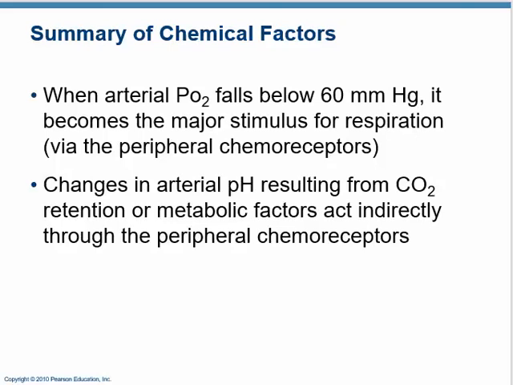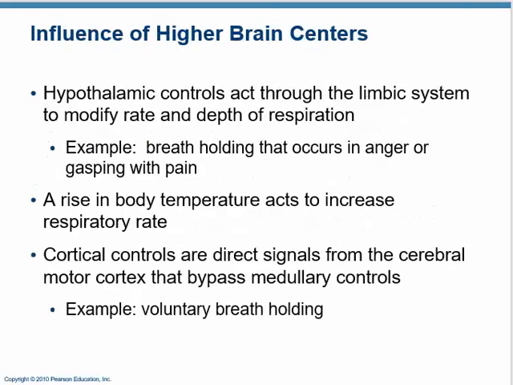Any changes in pH, including metabolic factors like lactic acid, will change that and make you breathe more. You can also override this with higher brain centers. So you can tell yourself in your cerebral cortex to hold the breath, and you will. Those are cortical controls.